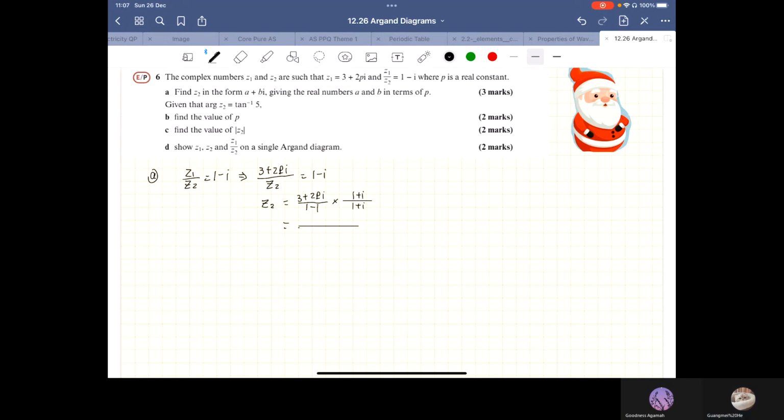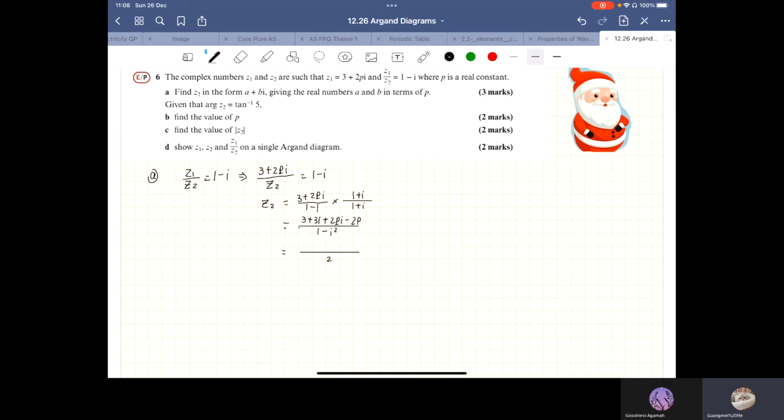Then, if you multiply 1 minus i times 1 plus i, you get 1 minus i squared. And in the numerator, you just need to expand the bracket. Pretty easy. Plus 2pi minus 2p. And the denominator will simplify to 2.